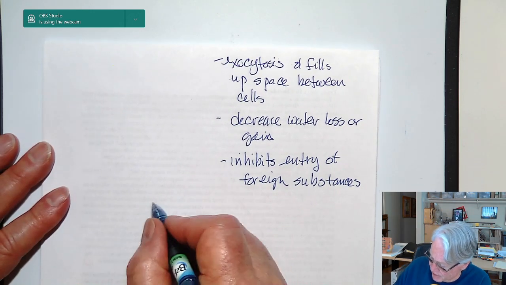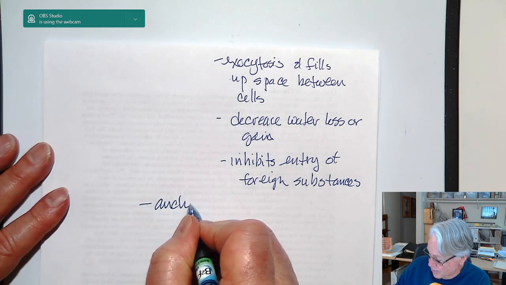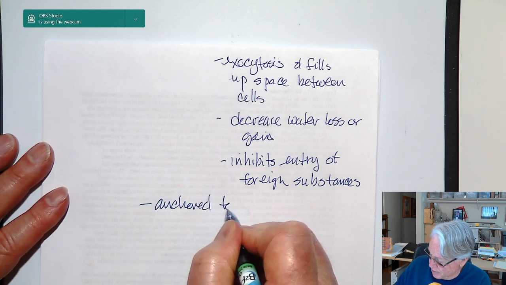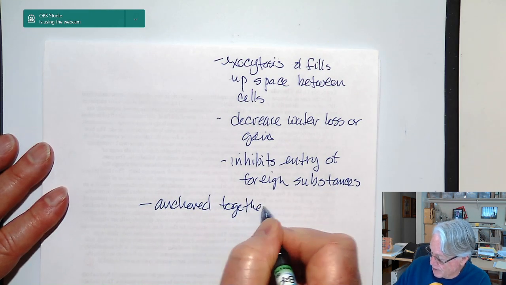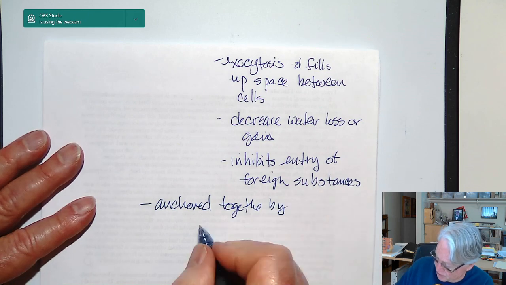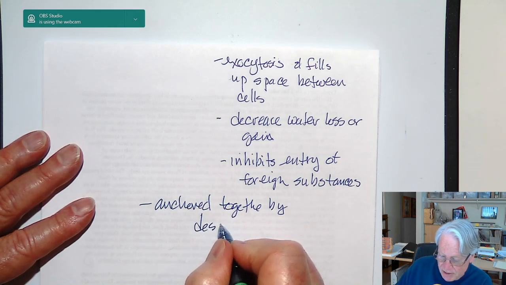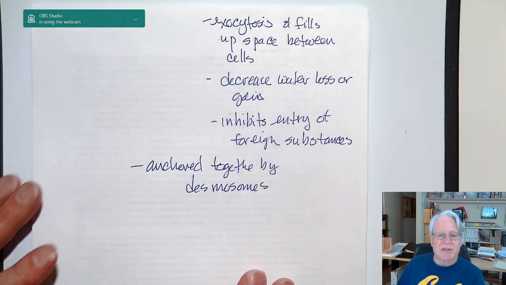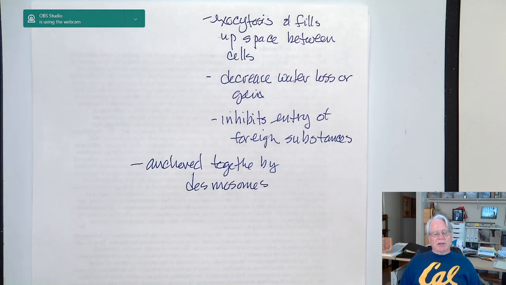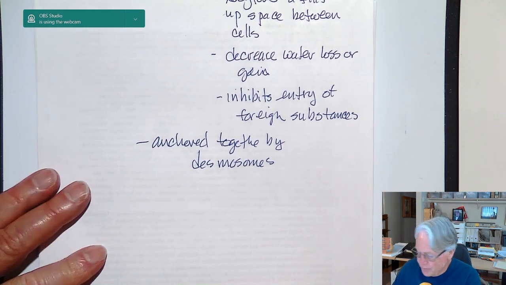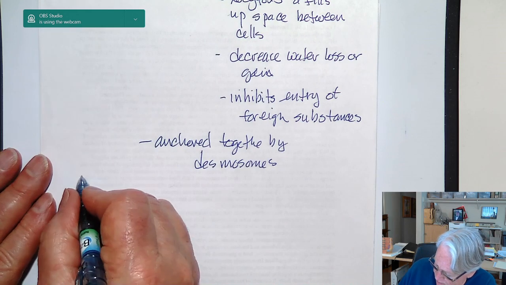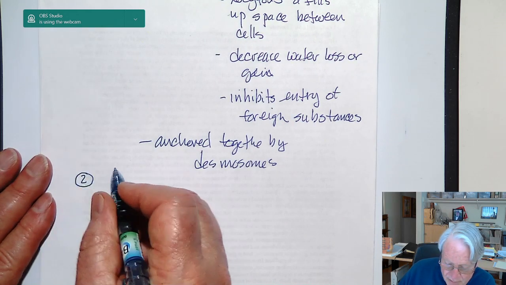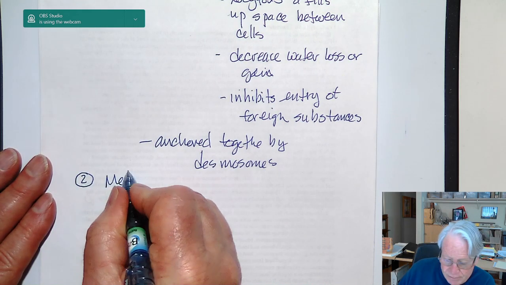The keratinocytes are anchored together by desmosomes. So we've talked about these. You know what they are. And we'll actually see the evidence of those desmosomes when we look at the structure of a prepared slide of the skin. All right. The second type of cell is the melanocytes.